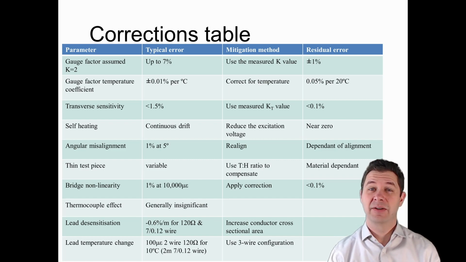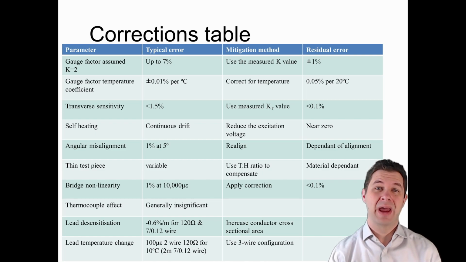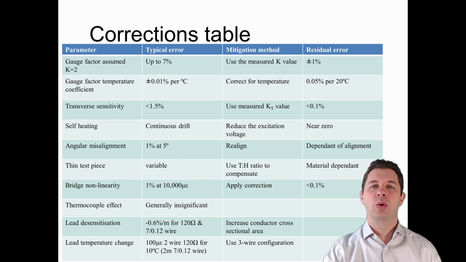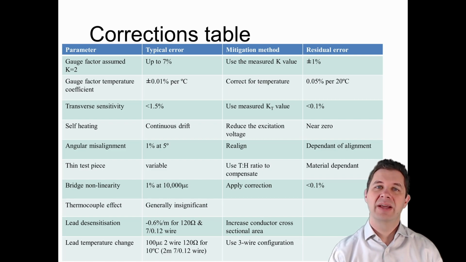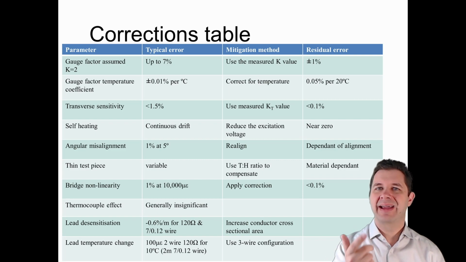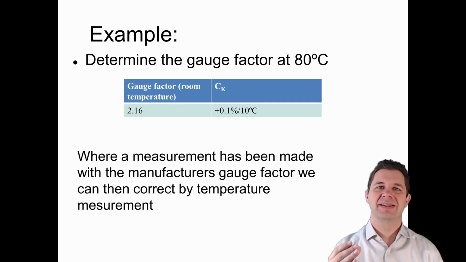With our gauge factor, rather than assuming a particular value, we can measure our value or calibrate our strain gauge to a certain gauge factor and work out precisely what it is. And that significantly reduces the gauge factor error. And if we have a temperature measurement within our system, using our gauge factor and the temperature dependence of that gauge factor, we can compensate for whatever temperature we've got.